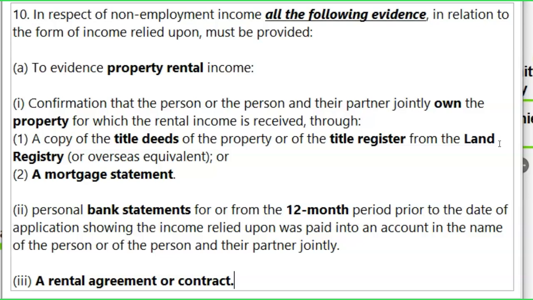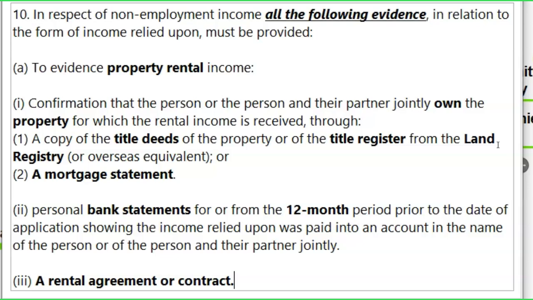In fact, I had an inquiry quite recently where there was a granddaughter and a grandmother. So the grandmother owned a number of properties and she allowed her granddaughter to use the income from the property rentals of these properties and to put it in her bank account. Unfortunately, this could not be counted as her income.